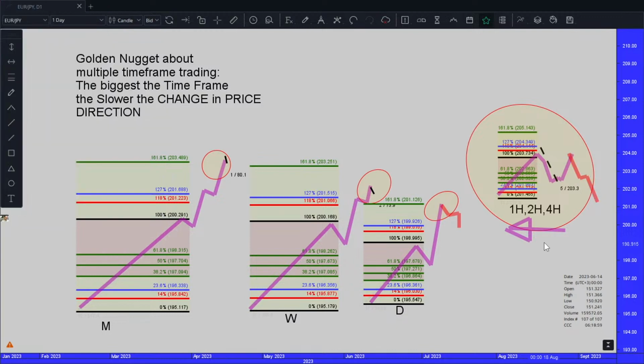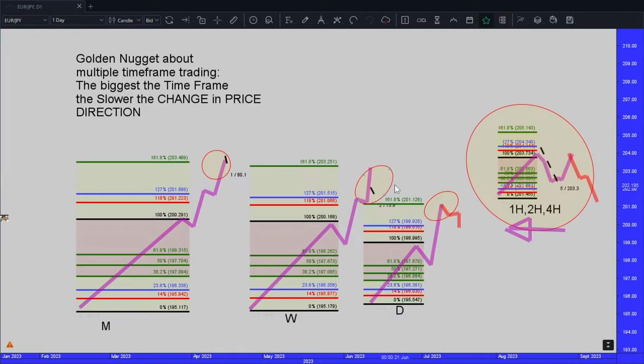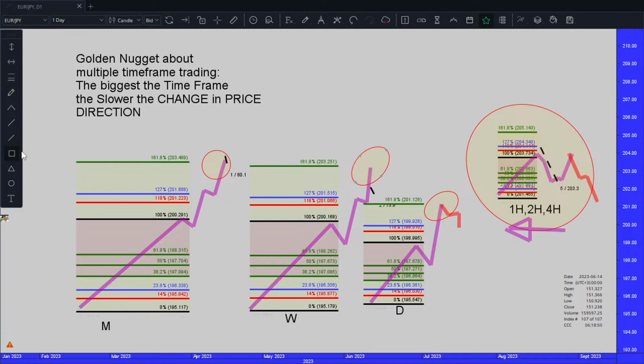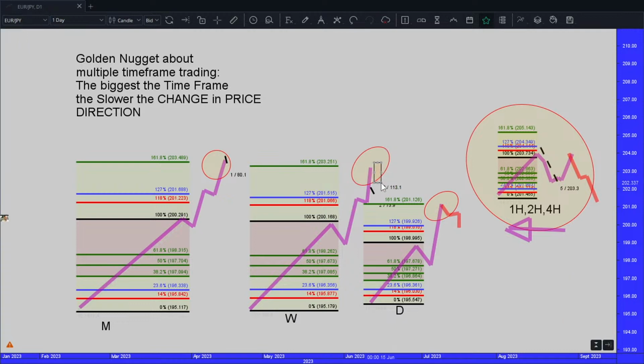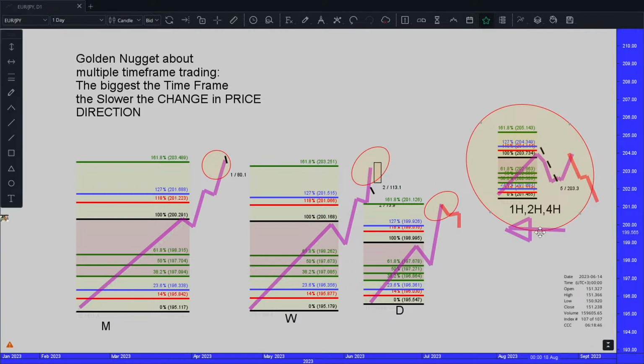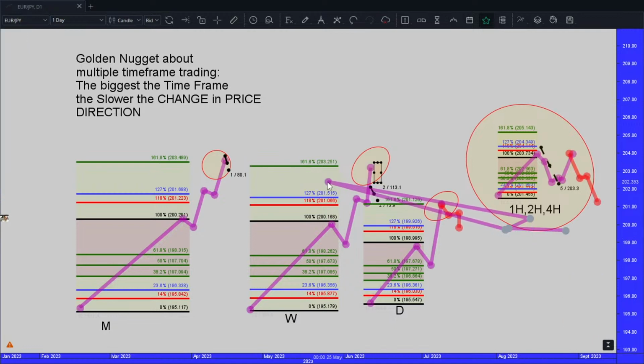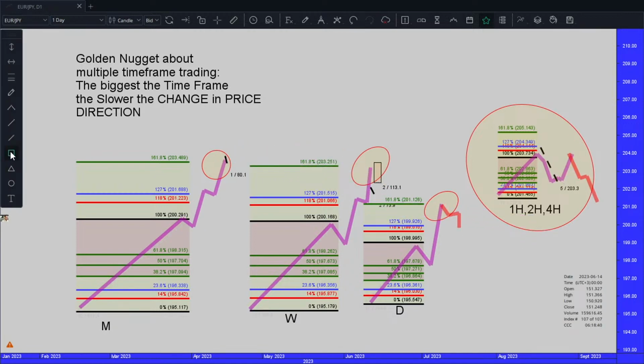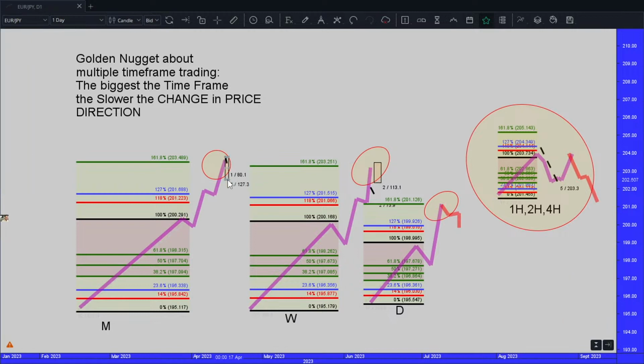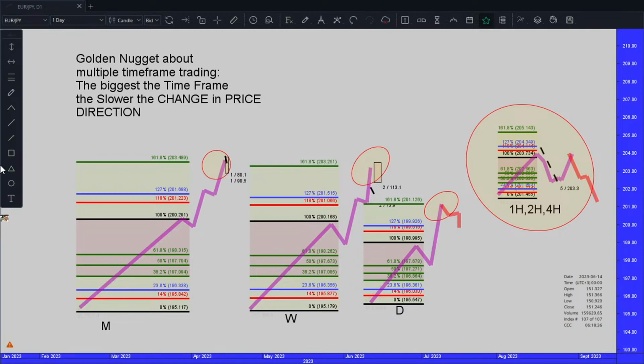Make sense? But when the weekly hits the extension, it's going to take a week of price action for this candle to close bearish. And when the monthly hits the extension, it's going to take a month to close a bearish candle.